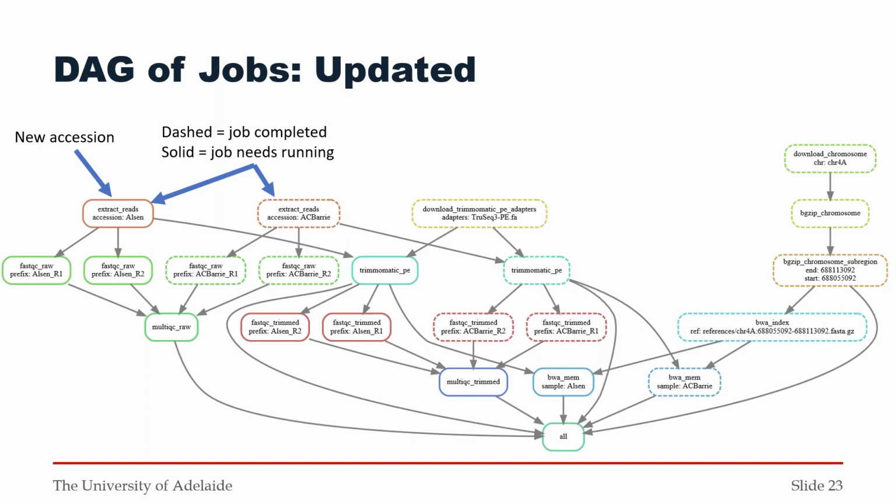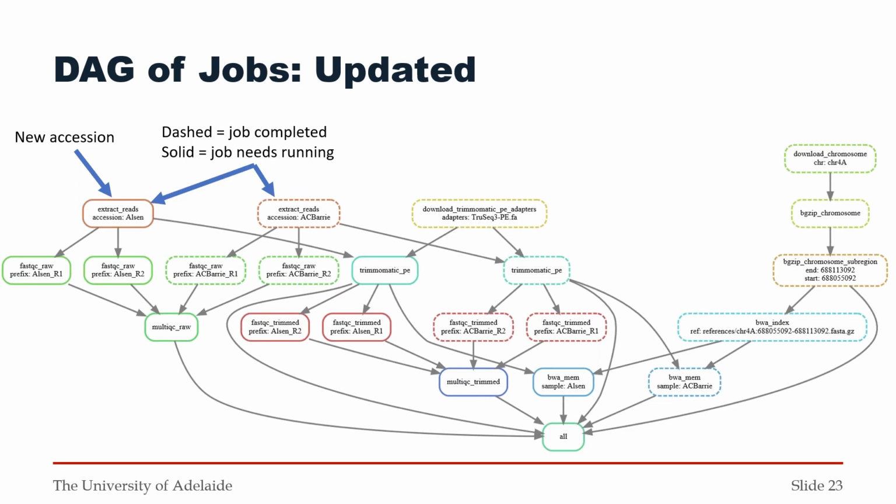You'll notice that the lines around these jobs are different now. So if we'd submitted the workflow to the cluster and jobs completed, the dashed lines basically mean these jobs have been completed and won't be rerun. Solid line means that these jobs are the ones that still need to be run.